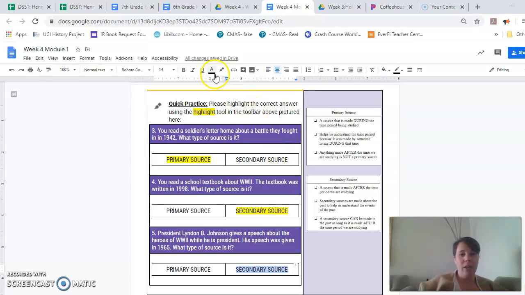But I'm going to put a little note on here to remind myself that he might have talked to World War II heroes, just to make sure that I understand that that could have been a situation. But again, because it's 20 years after the fact and it's just a speech written about it, we're going to identify it as a secondary source.